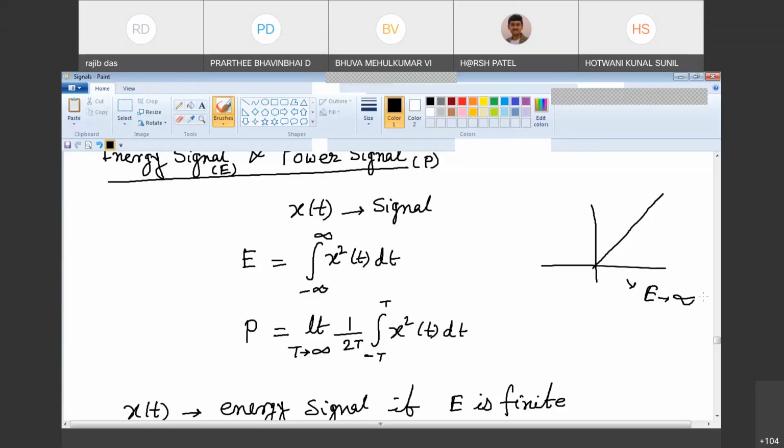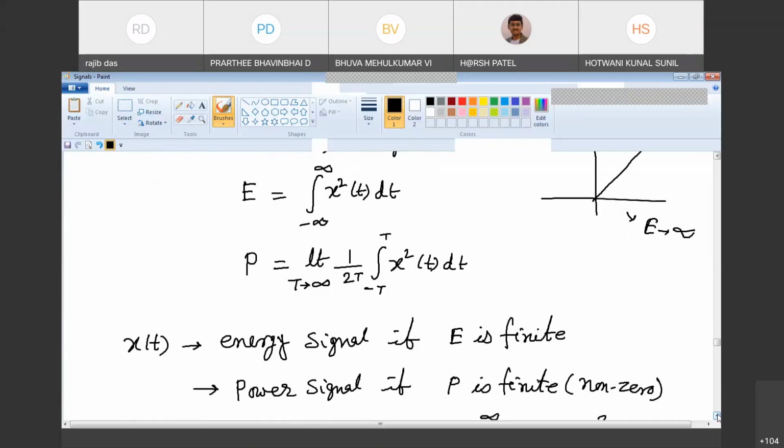It may not be a power signal as well. So I have given a definition that if energy is finite, we can call it an energy signal. If power is a non-zero but finite value, then it is called a power signal. And whether both energy and power can be finite, that we need to see.